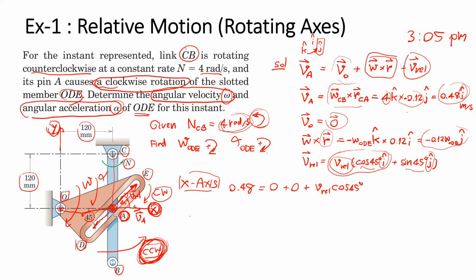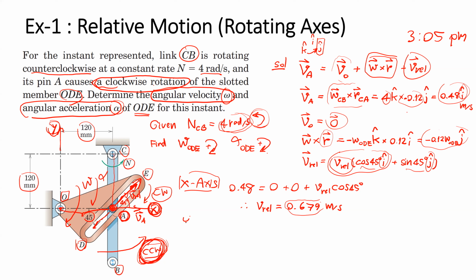What is the magnitude of the relative velocity? It's just 0.48 divided by cosine 45 degree. So the numerical value is positive, which means the direction that we assume to be this direction is still true.